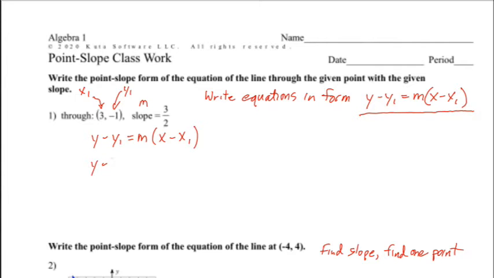Y minus minus 1 is equal to 3/2 times x minus 3, and we'll get rid of this double negative that's in here, and this becomes y plus 1 is equal to 3/2 times x minus 3.